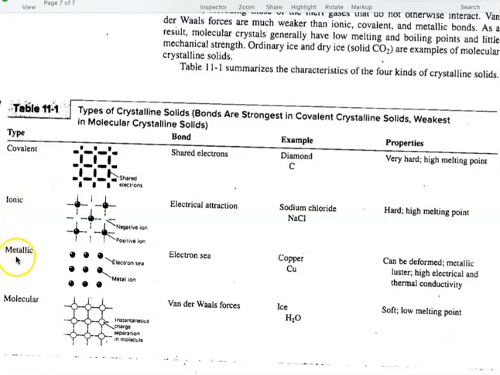The third is metallic type crystalline solids. These are crystals where the outermost electrons have been detached from the metal atoms, and the metal atoms have become ions, having a positive charge.